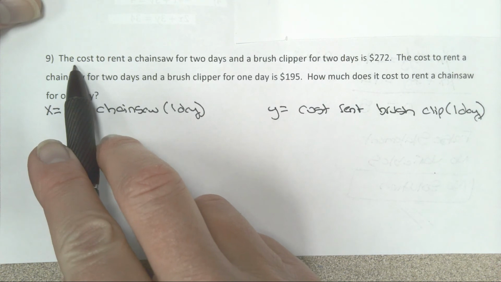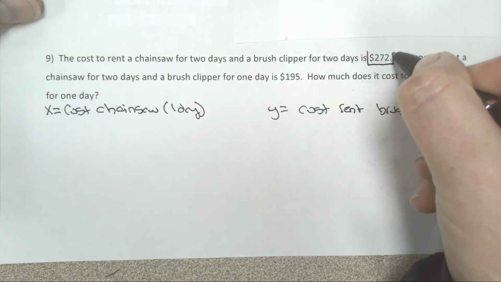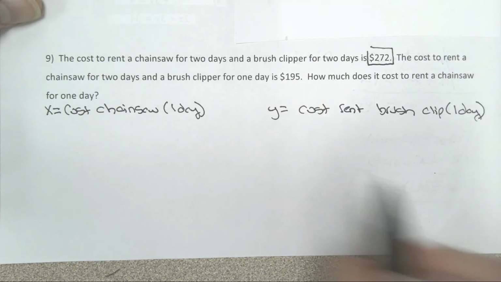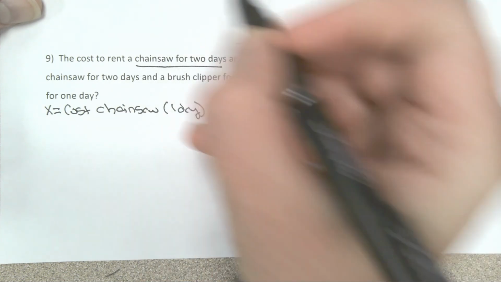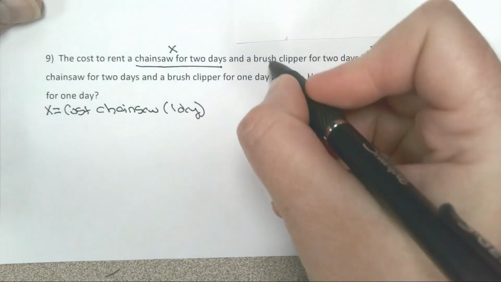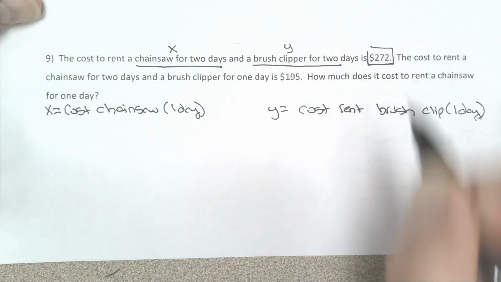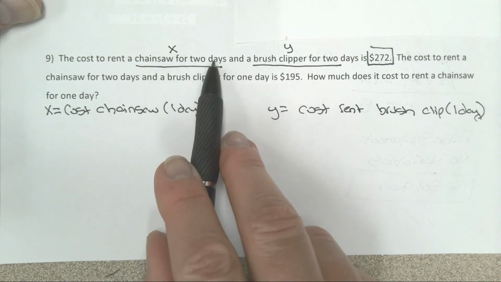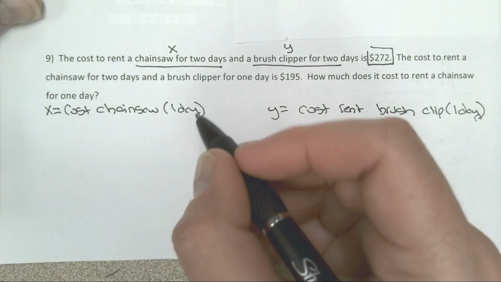Each sentence is generally an equation. And when I say look for the totals, so each scenario gives you a total. So we're going to rent a chainsaw for 2 days, so that's the X. A brush clipper for 2 days, that's the Y. So since we're renting them for multiple days, it turns out that that is the coefficient of the variable.